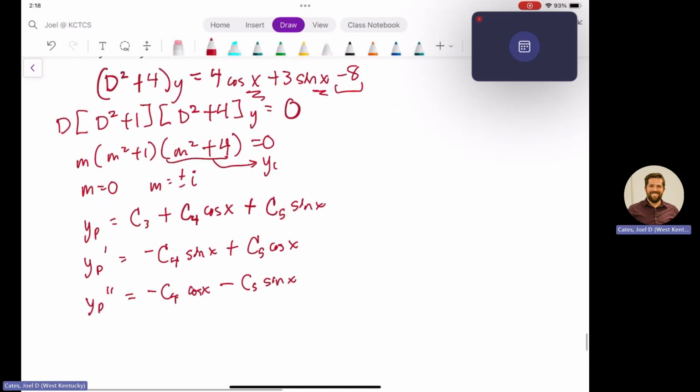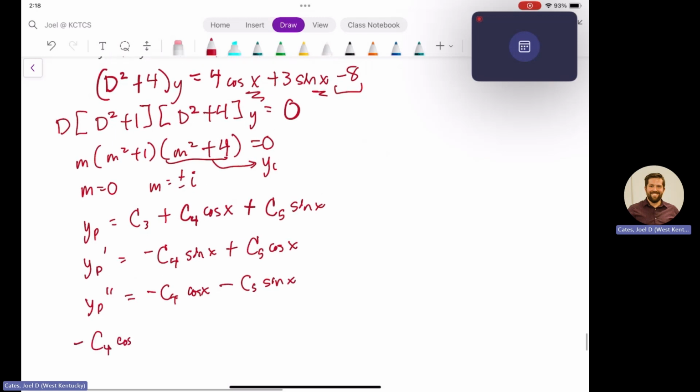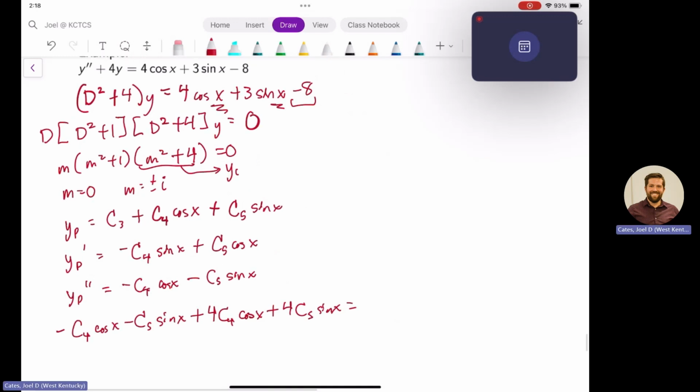Let's put this into the original, which gives me a minus c sub 4 cosine of x minus c sub 5 sine of x plus 4 c sub 4 cosine of x plus 4 c sub 5 sine of x, and, I almost left off that additional term, plus 4 c sub 3. And that's going to be equal to 4 cosine of x plus 3 sine of x minus 8.